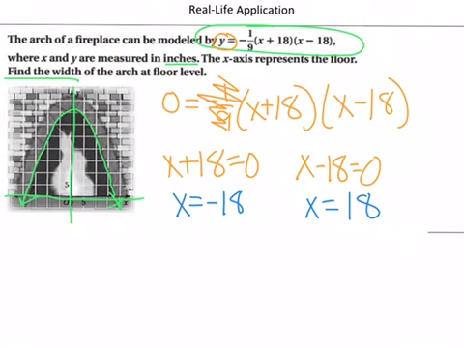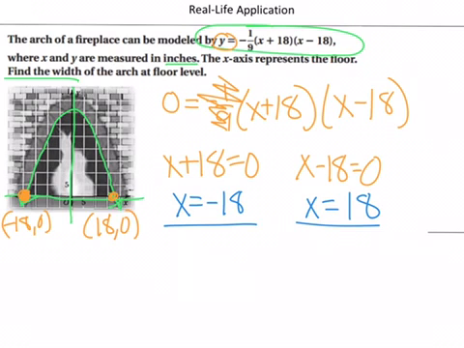Now what that really means in terms of a graph is that these are our x-intercepts. So at this point right here that this crosses in the negatives, this is at (-18, 0), and this positive one is at (18, 0).